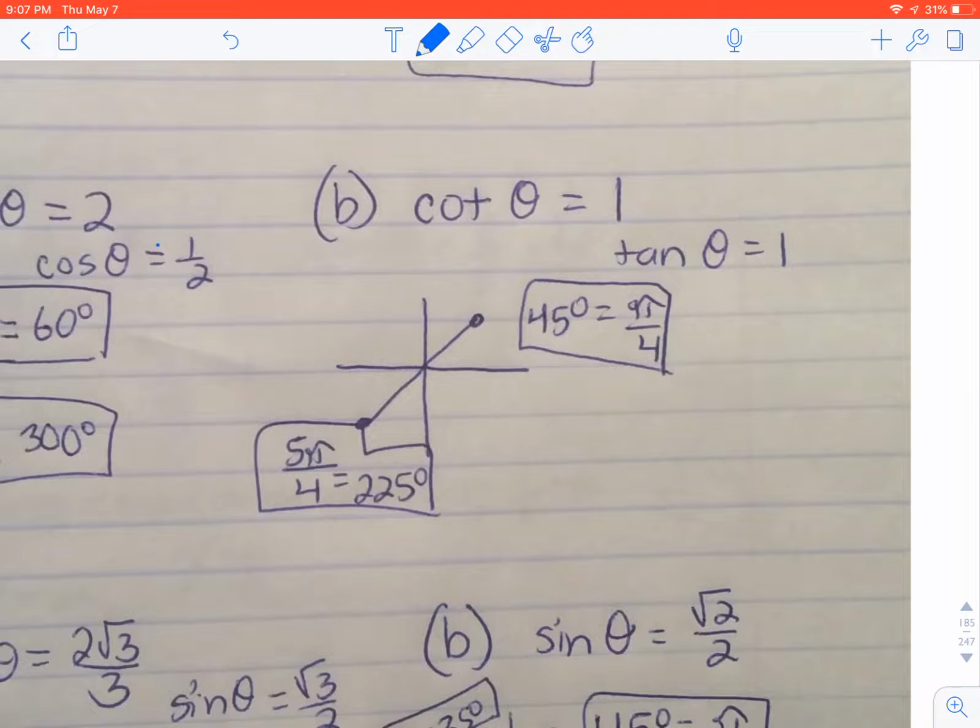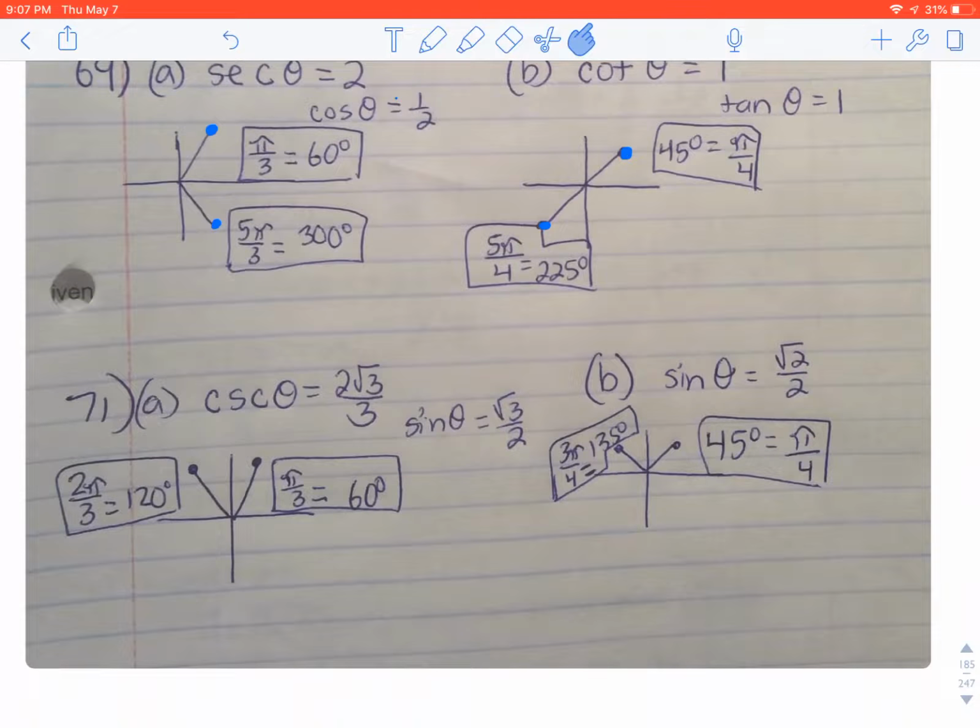So thinking back to our family of 4 again, because of the square root 2 over 2, square root 2 over 2, and then for quadrant 3, they're both negative, negative square root 2 over 2, which in both quadrant 1 and 3, you're going to end up with a positive tangent theta of 1, and same thing with cotangent theta equals 1. So your answer would be pi over 4, which is 45 degrees, and 5 pi over 4, which is 225 degrees.